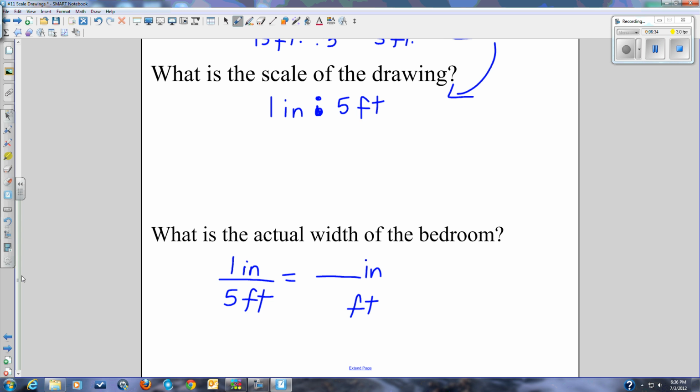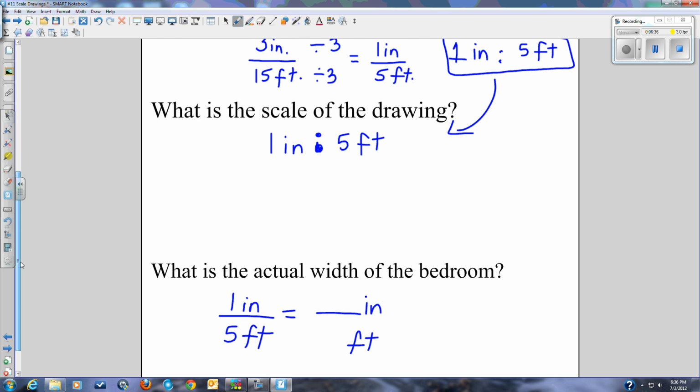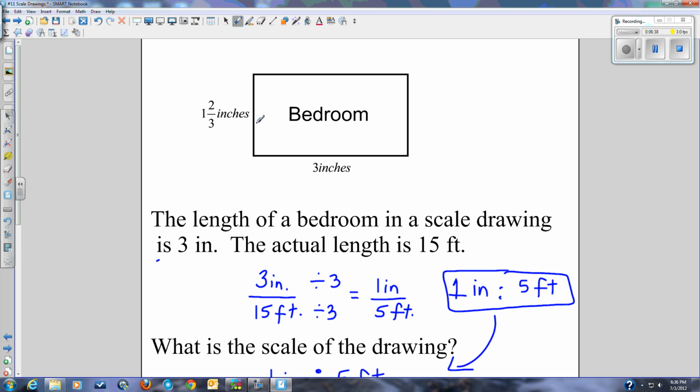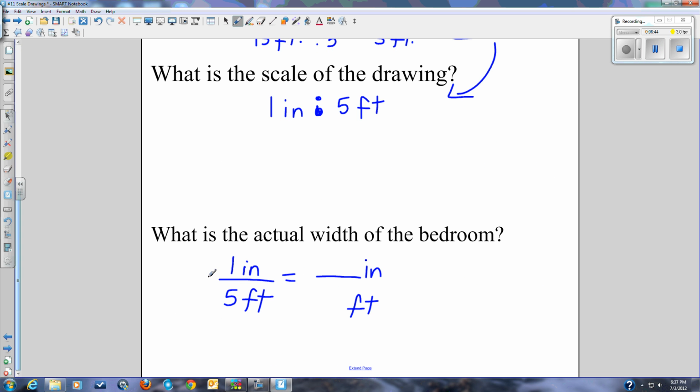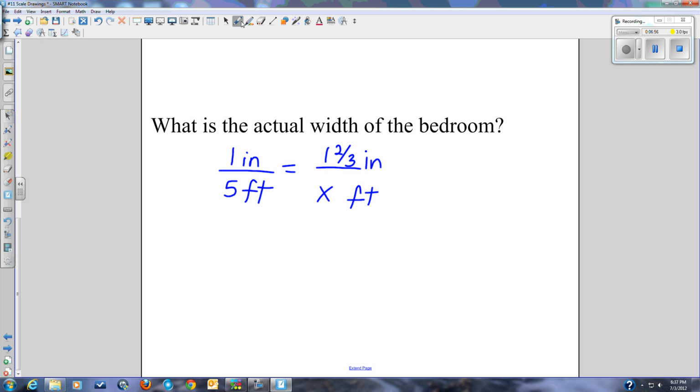Let's look back at our picture. The width of the bedroom in our picture is 1 2/3 inches. Inches go in the numerator, so we'll write 1 2/3 right here in the numerator, and then our unknown, our x, we'll put next to feet. Don't worry because it's a fraction. We solve this the same way we have right along.